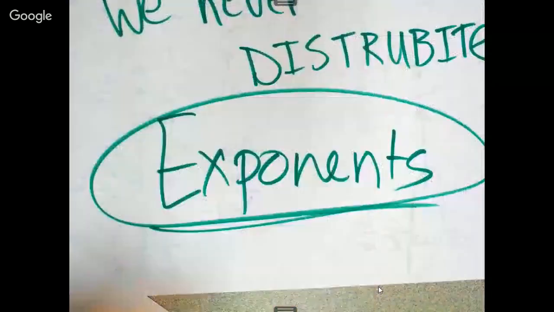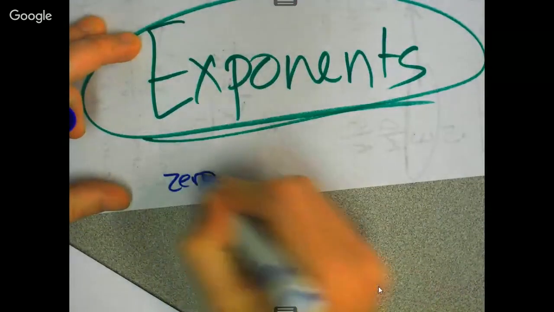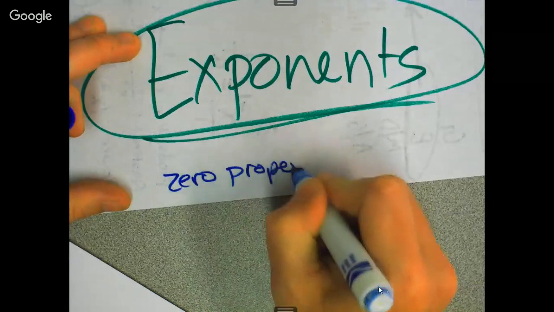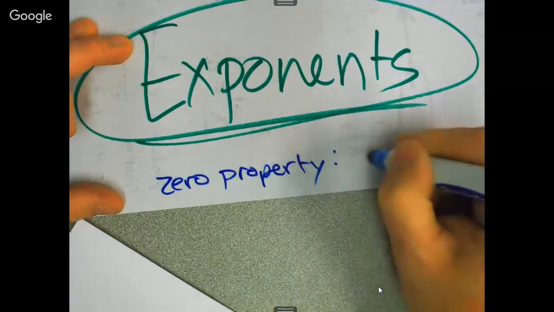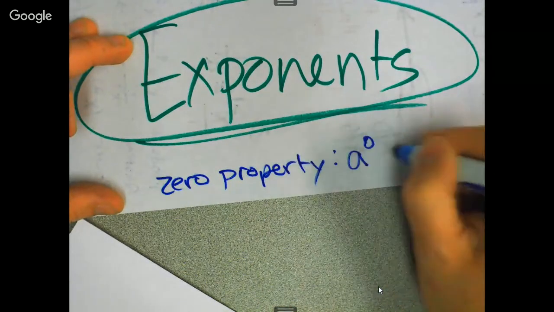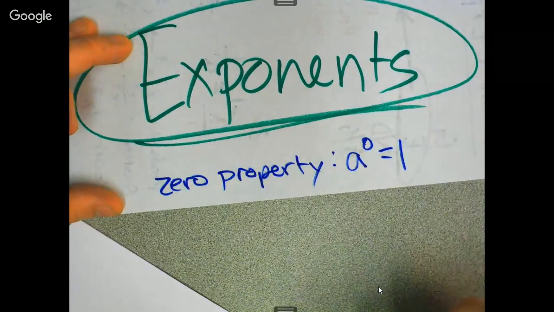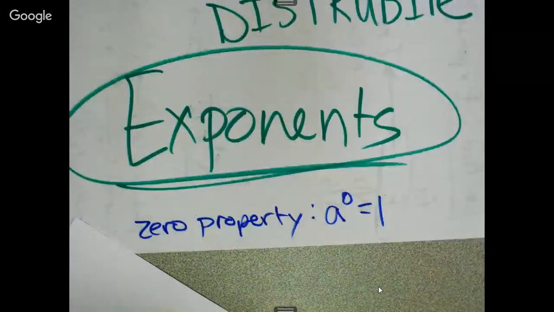There was one more property. It's called the zero property. And that says that anything to the 0 power is 1. Okay, anything. All right.